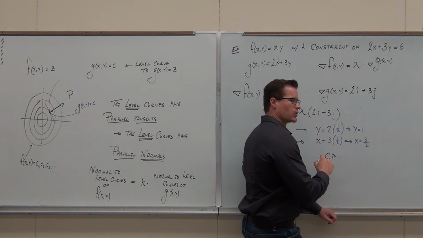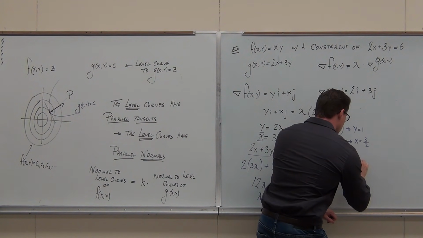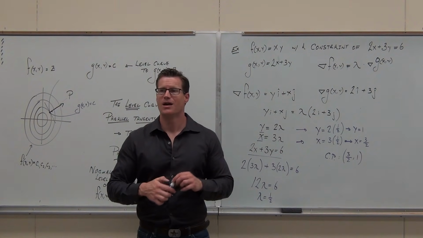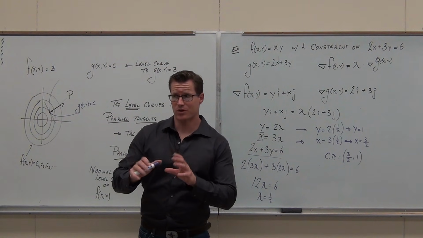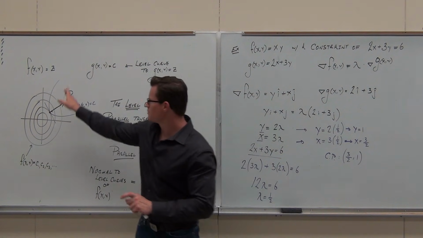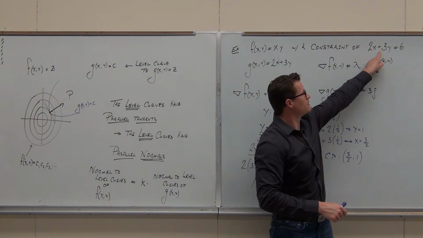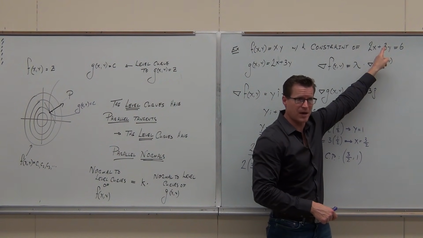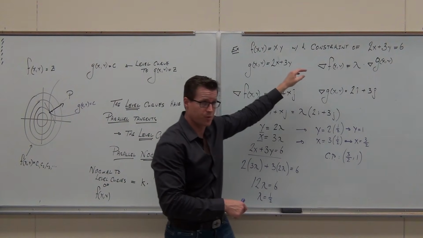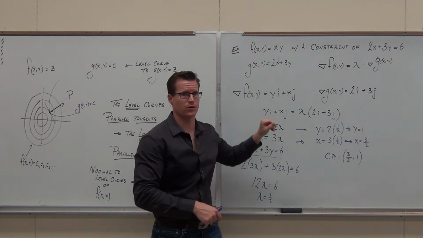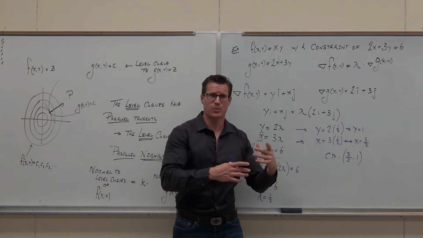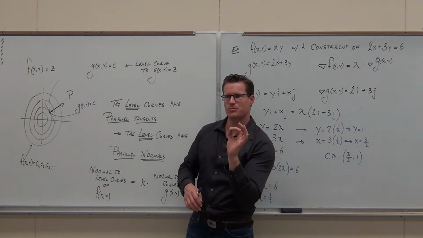Tell me specifically what it is. 3/2, 1. That right there is the 1 critical point we have. It's a level curve. That constraint is going to bounce off and intersect at one point, one of these level curves, the one where our lambda happens to be 1/2. We plug it in. We find that one specific point.